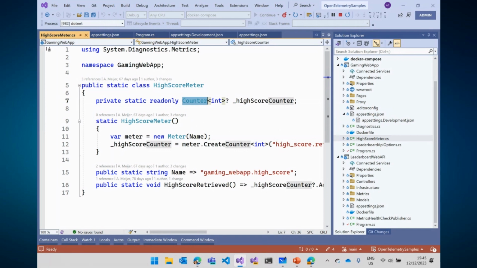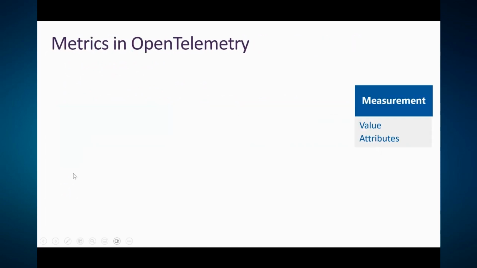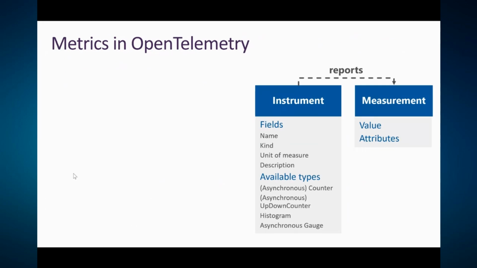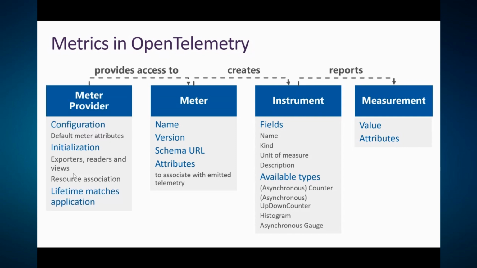Let's just quickly get some slides there, because that deserves some explanation. So the measurements that you do are from instruments. The instruments come from a meter, and the meter is created through a meter provider.